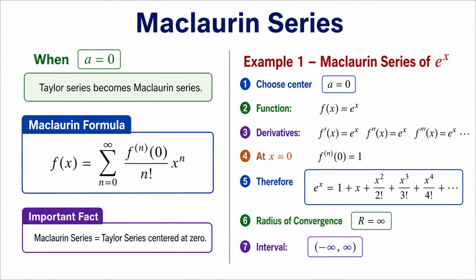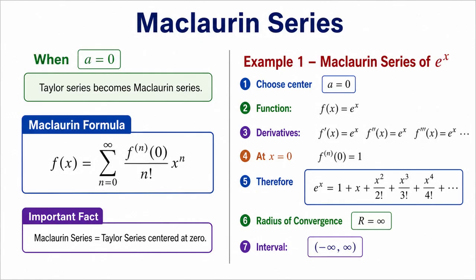formula. Before looking at examples, let us introduce a special case of Taylor series. When the center of the expansion is 0, Taylor series becomes Maclaurin series. In other words, Maclaurin series is simply Taylor series centered at x equal to 0.